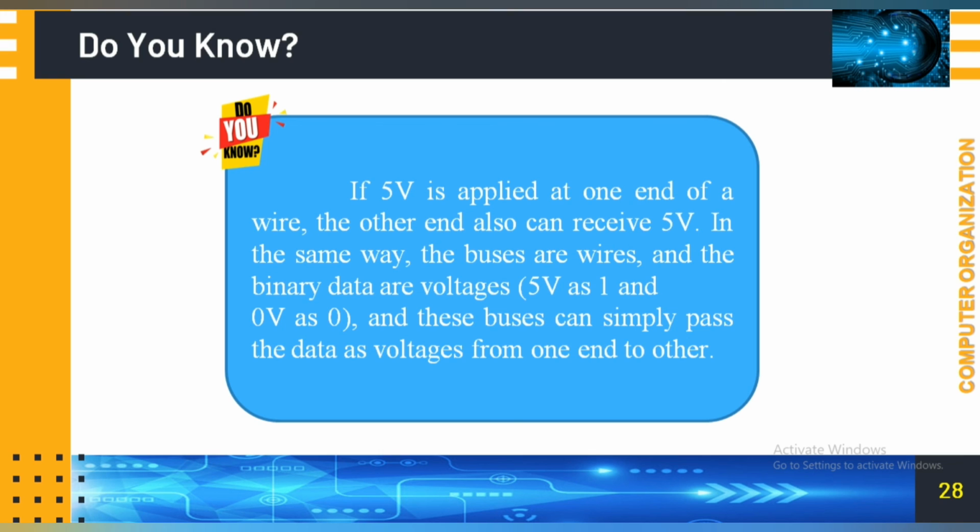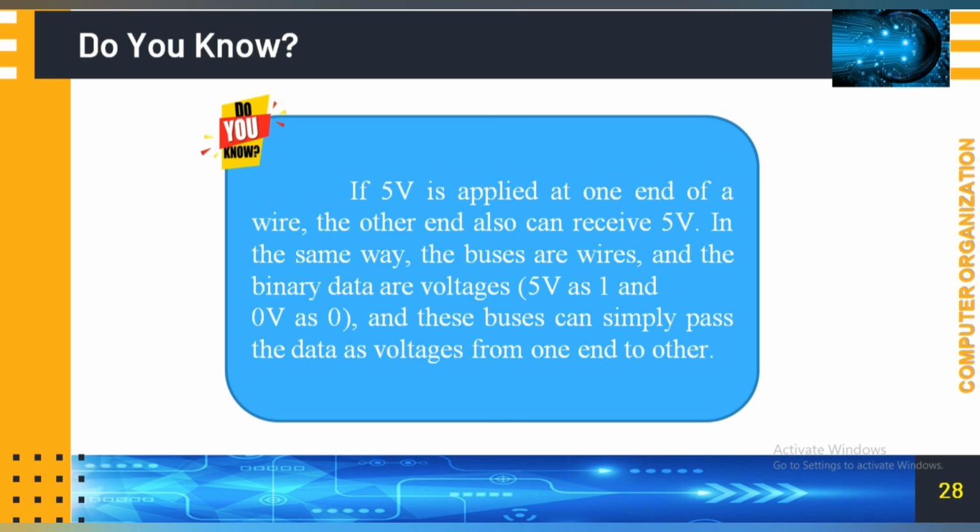Okay, how does it take 0 or 1? If we pass 5 volts, it is considered as 1. If we pass 0 volts, then it is considered as 0. This way the data can be converted for the system, and these buses can simply pass the data as voltage from one end to another. We already know what is meant by bus.